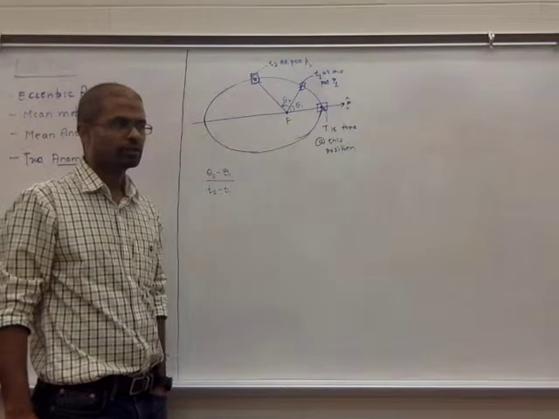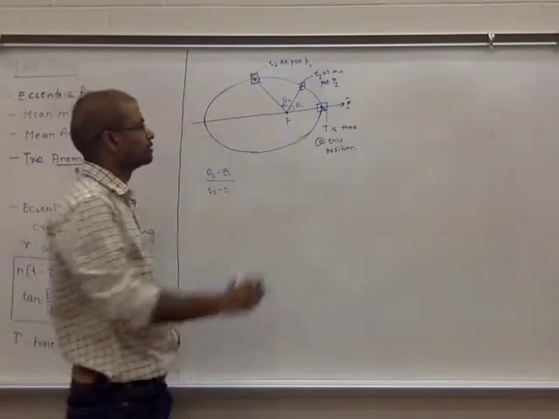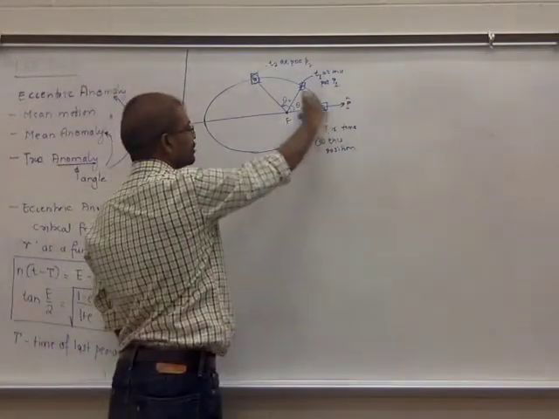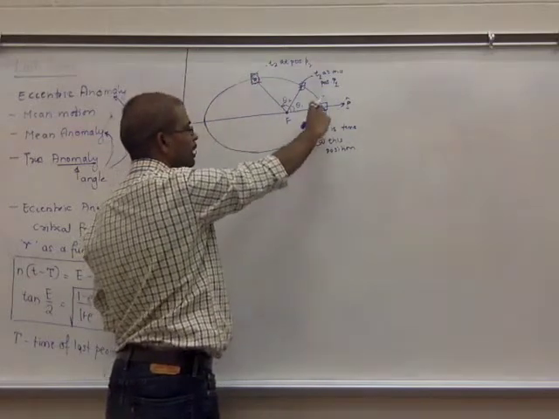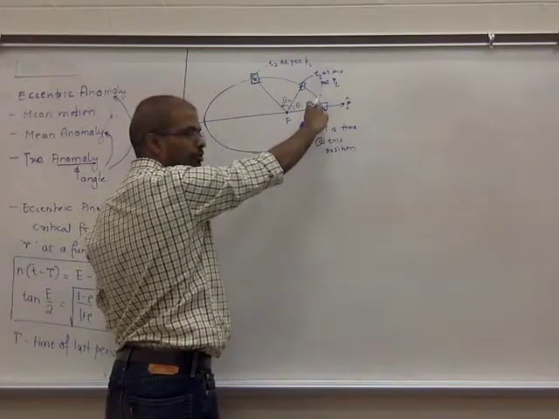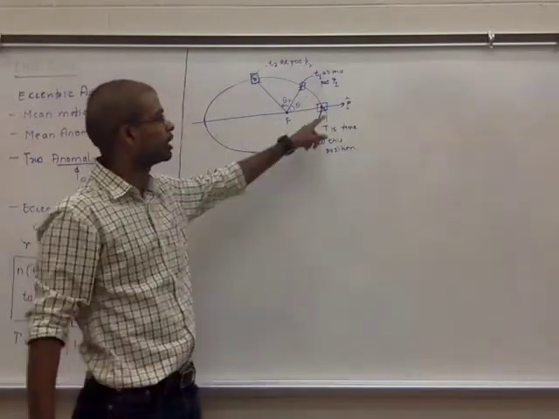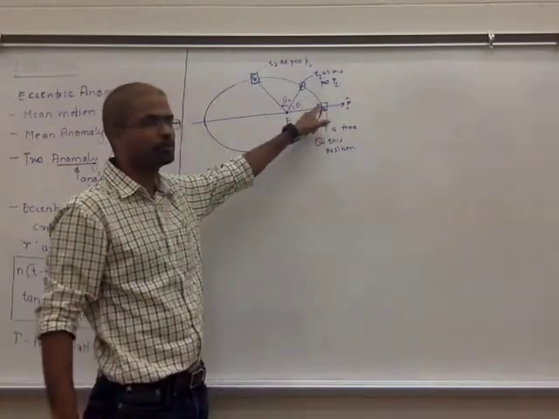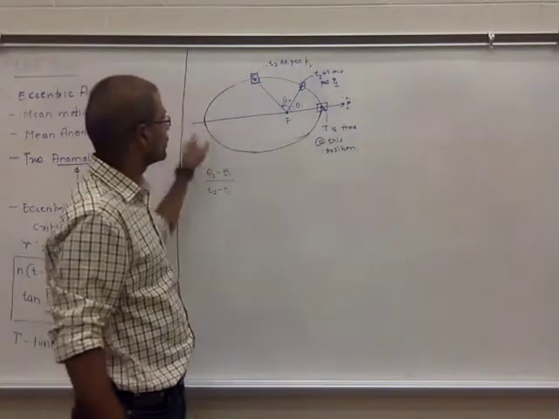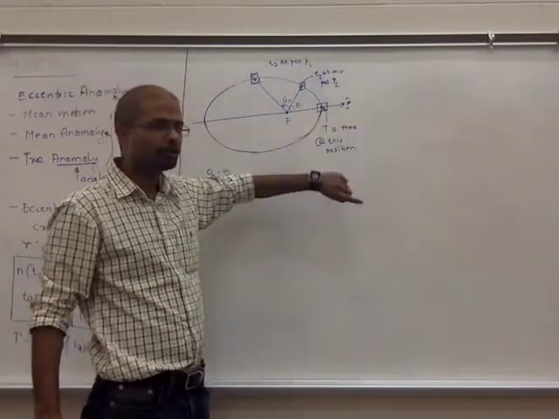Got it? Mean motion is nothing but this entire thing. You keep track of the time at this position, and when it completes one orbit, you again keep track of the time.